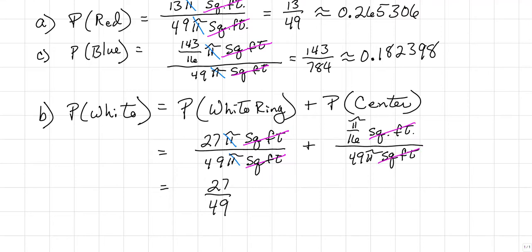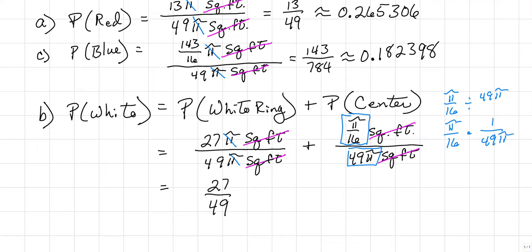But now here I've got this pi over 16 divided by 49 pi. And just to make sure that you follow how we're doing this, if we take pi over 16 and divide by 49 pi, that's going to be the same thing as pi over 16 times the reciprocal of 49 pi, which is 1 over 49 pi.